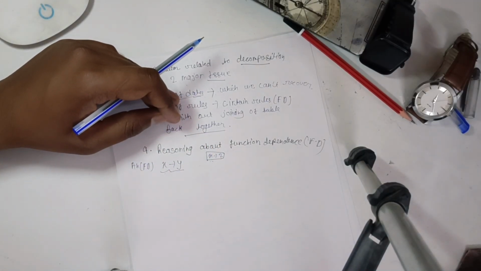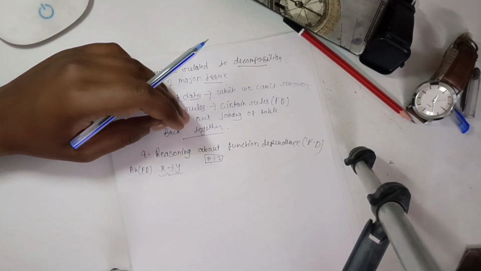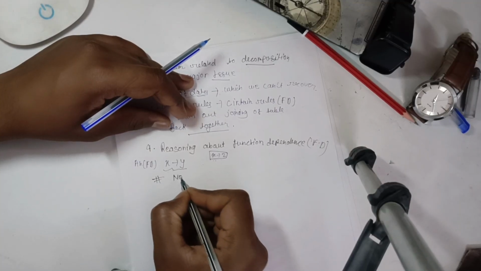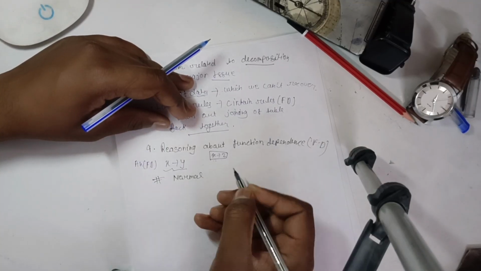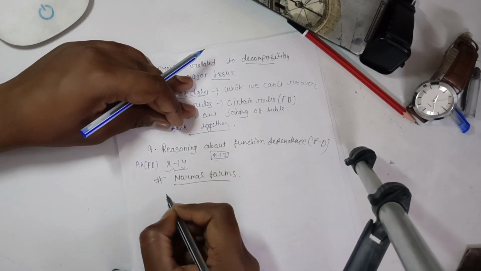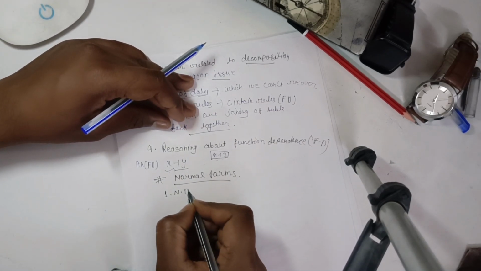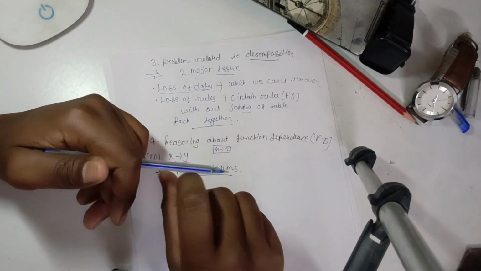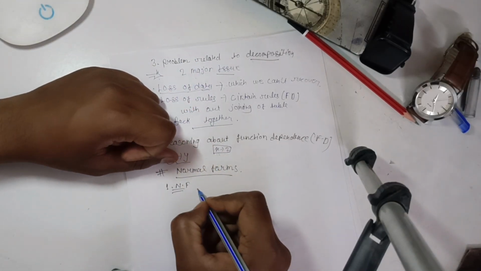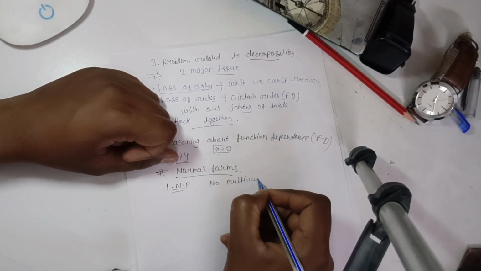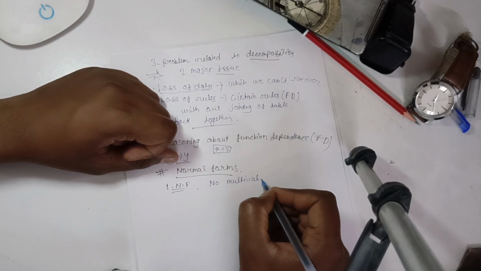Now let's move on to the normal forms. So there are some normal forms. First normal form. What is first normal form? It is nothing but no multi-valued function. What is multi-valued? Non-multi-valued? I will let you know.